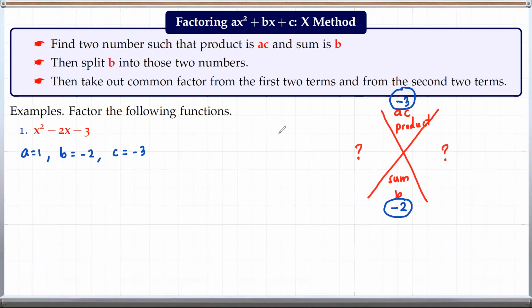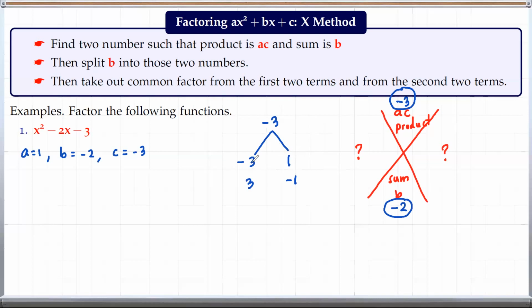So for that, let's look at a list of few numbers with product -3. So we can have -3, 1 to get product -3, or we can have 3 and -1. So these are the only two ways to get product -3. So now we need to look at which one will give us sum -2.